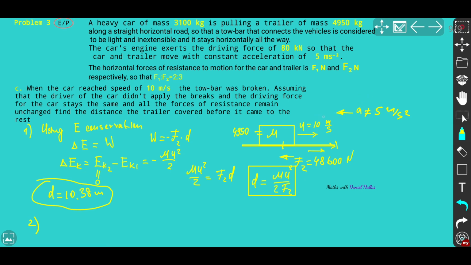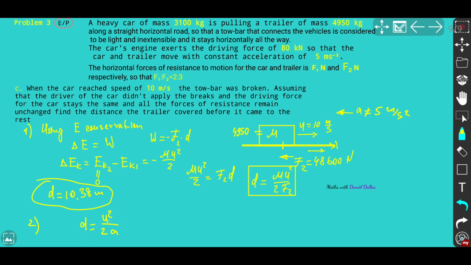So for those who were trying to apply, for example, the simple formula d equals u squared over 2a and plug in a equals 5, you were incorrect in this approach, because the acceleration is a new one. However, you can use this formula, because the final speed is 0, so finally d is going to be equal to u squared over 2a. Everything is positive, don't worry about that.